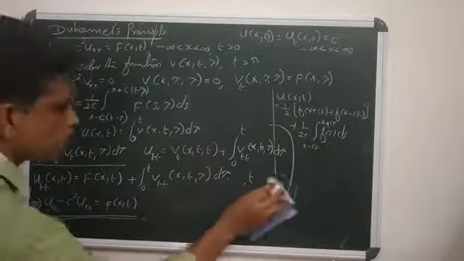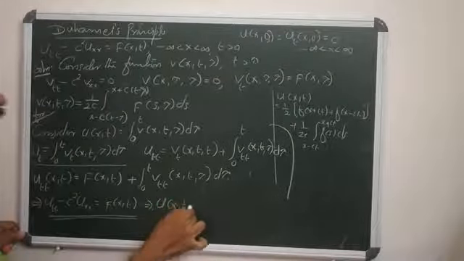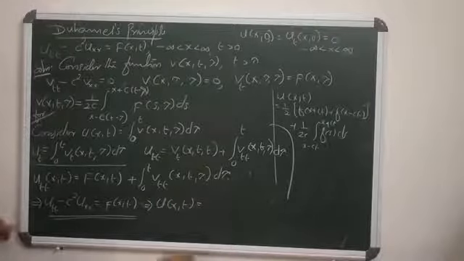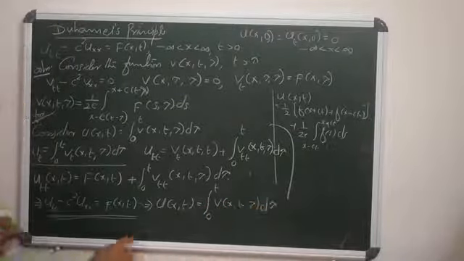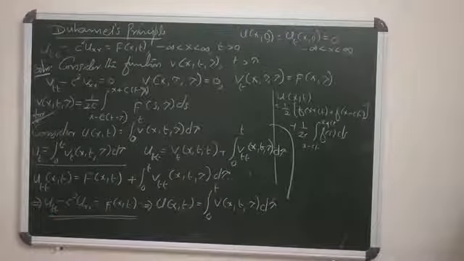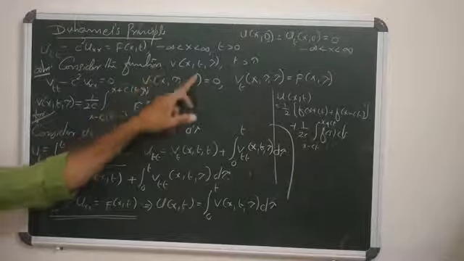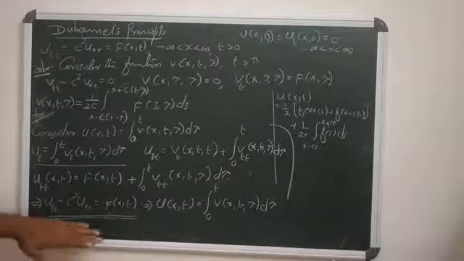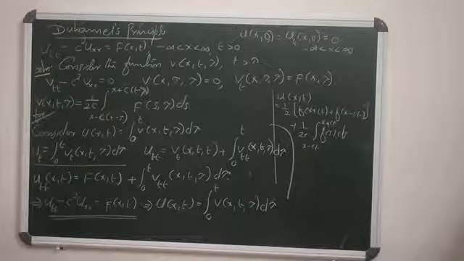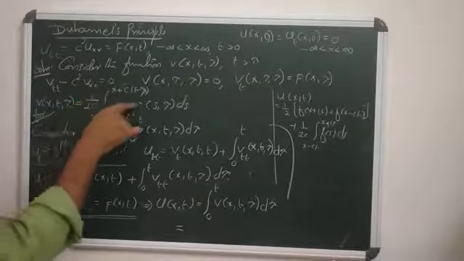So this means, what is uxt? Therefore it means uxt equals integral 0 to t vxt lambda d lambda. Why? Because it satisfies this condition. You get utt minus c square uxx equals f of xt when uxt equals integral of vxt lambda d lambda. But vxt lambda equals again 1 by 2c into this one.